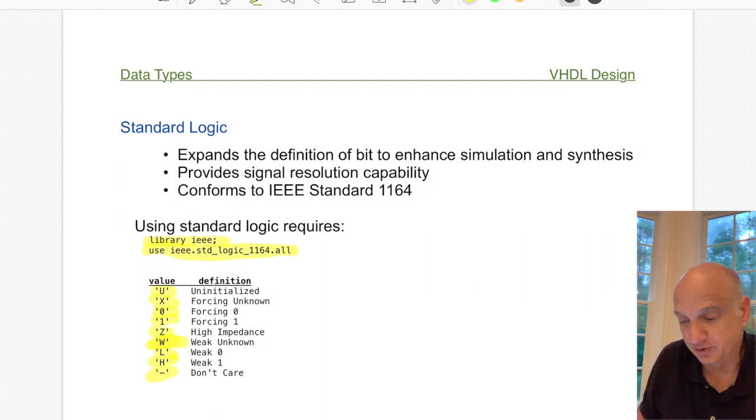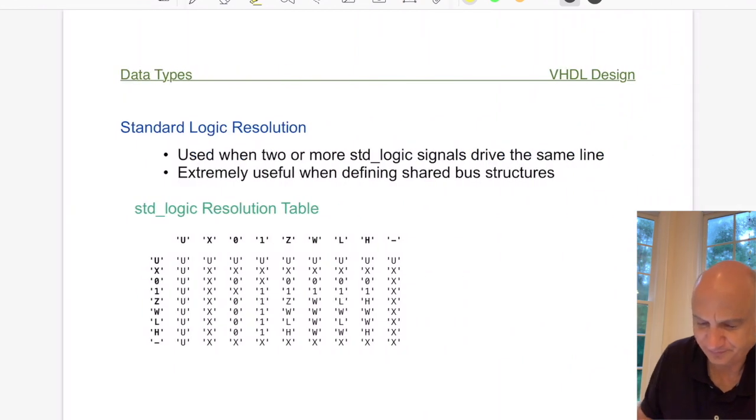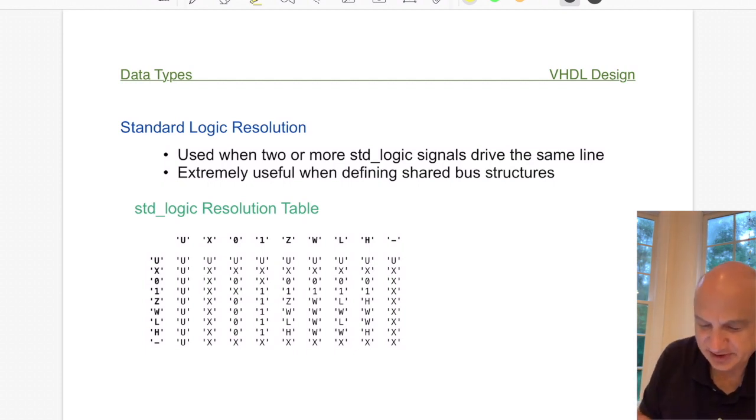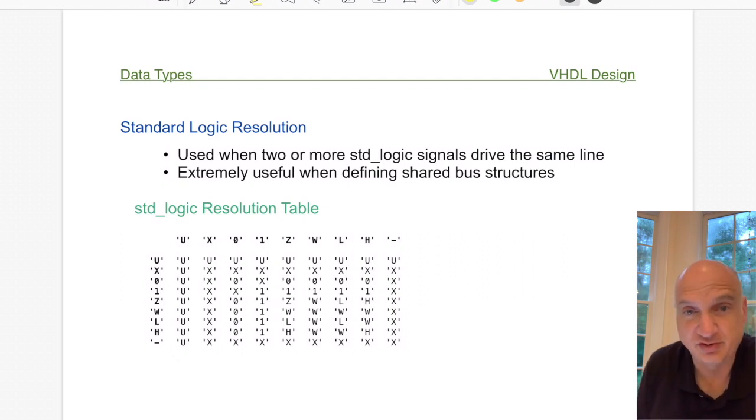If we look at standard logic, we have to look at the resolution table we were talking about before. Remember, standard logic provides a resolution for conflicts when two signals are driving the same line. This is the table they use to resolve those signals.